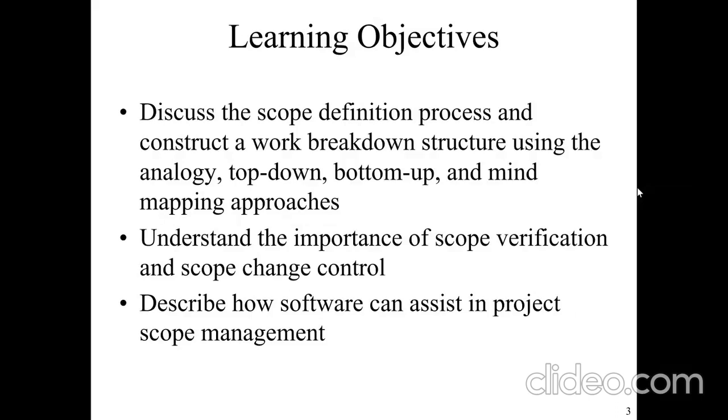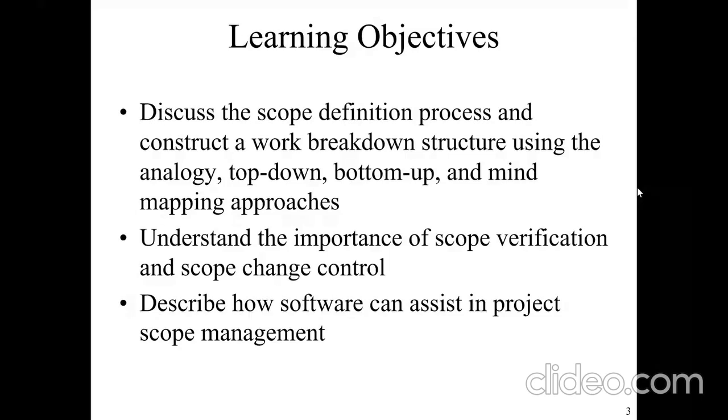We have a very huge project of maybe constructing a website for some organization. You have to break that website development into smaller, manageable components that you can handle. Okay, database creation, user interface, maybe graphics design. So you have to break the whole website down into these smaller components. So we'll learn how to do WBS, or the work breakdown structure.